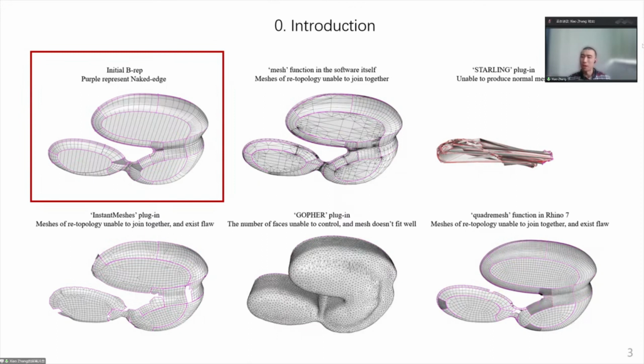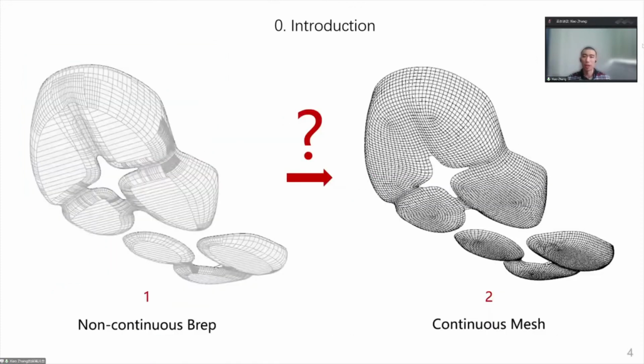However, many of them can just solve fine B-reps, which means they should be closed and the UV texture should be well joined and continuous. However, it is almost impossible to achieve that in shoe model work in reality.